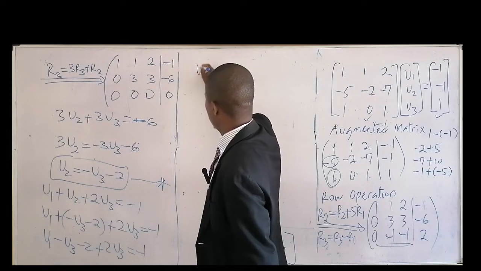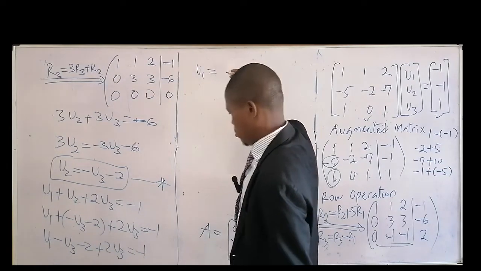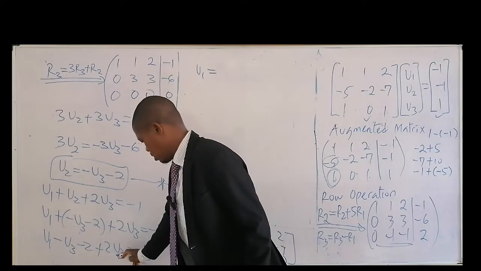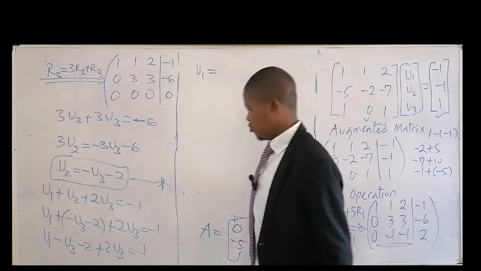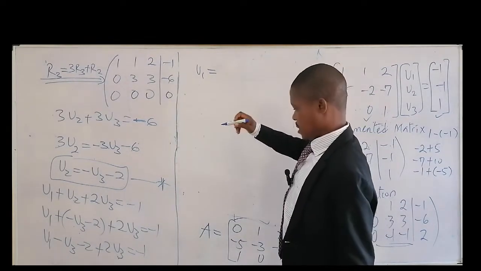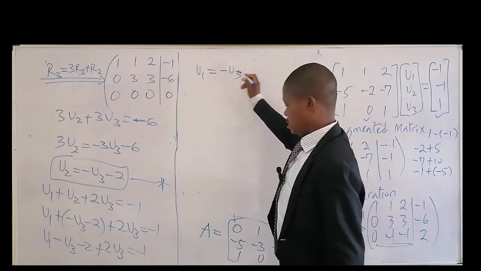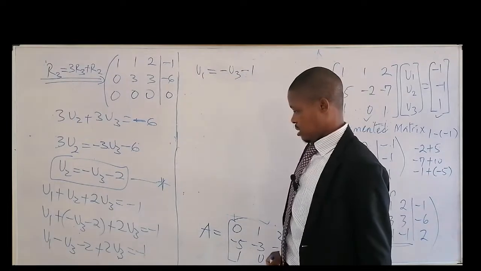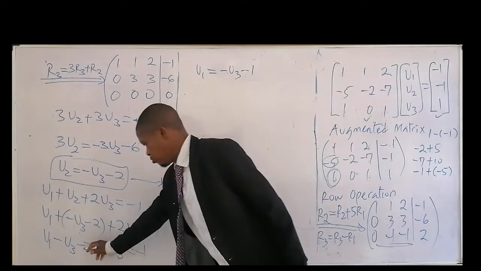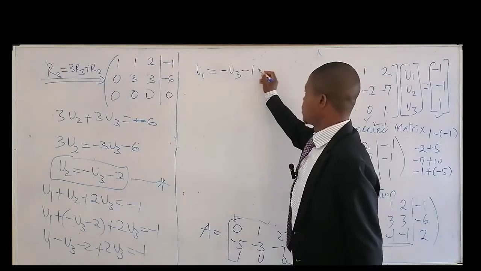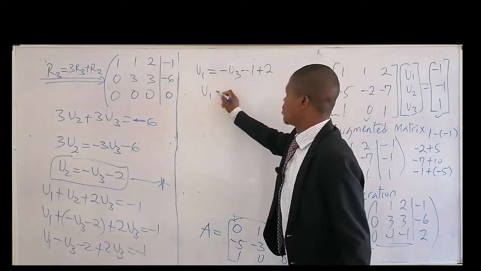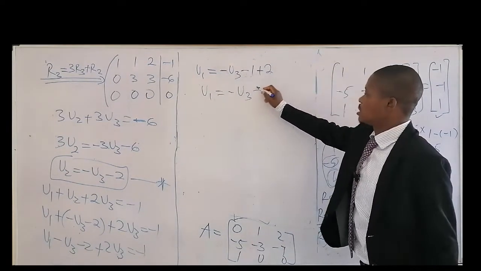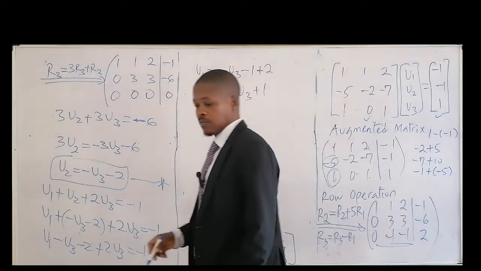So u2 has an expression, minus u3 minus 2, and then plus 2u3 equal to minus 1. Open these brackets: minus u3 minus 2 plus 2u3 equal to minus 1. So we now have u1 equal to, this is minus u3 plus 2u3, that's u3. If you take it to the other side, you have minus u3. Minus 1 is already here, then minus 2, move it to the other side, plus 2. So u1 is equal to minus u3 minus 1 plus 2, that's plus 1.